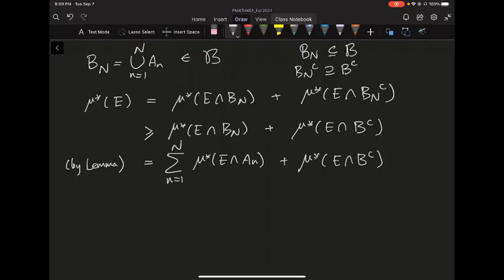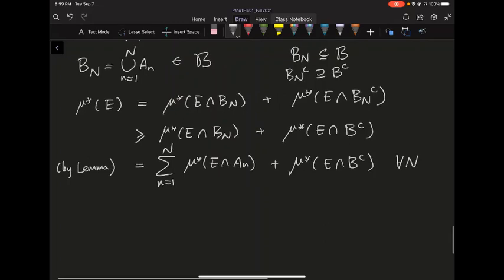And now, as you can see, the second term doesn't really depend on n. B is fixed, it doesn't depend on n. And the first term is true for all n, so this is for all n. So you can certainly let n go to infinity, and recall this μ* is positive, so when n goes to infinity, the summation can only get bigger. So the μ* of E, being bigger than all of these finite sums, will definitely be bigger than their infinite sum.